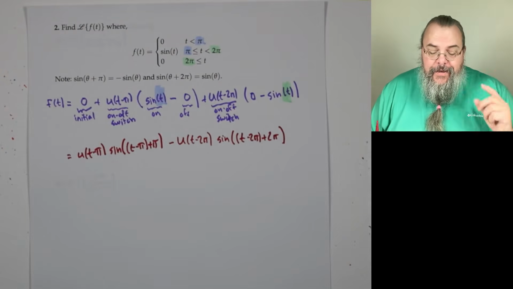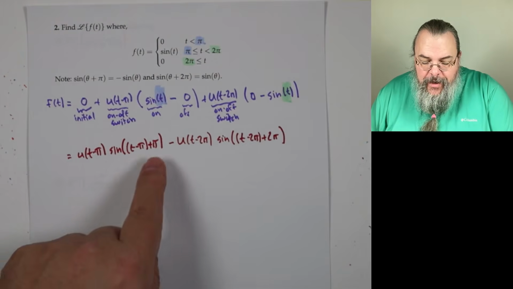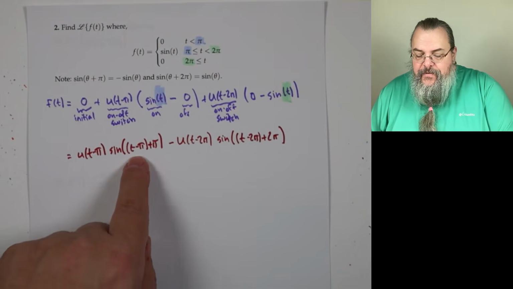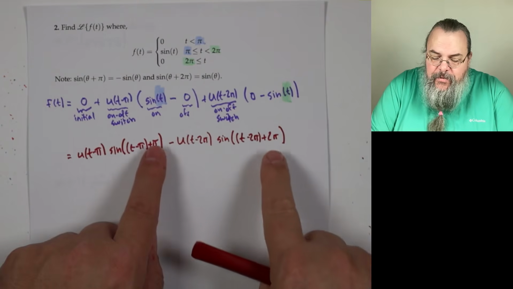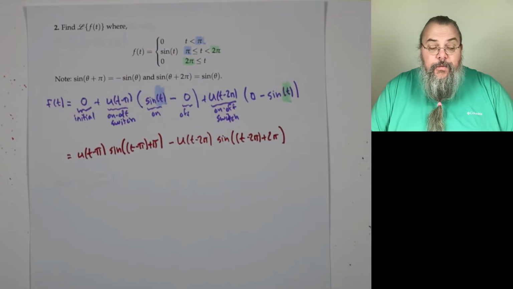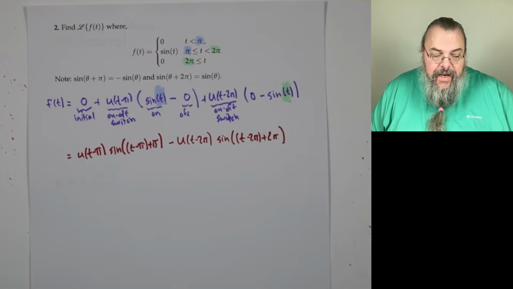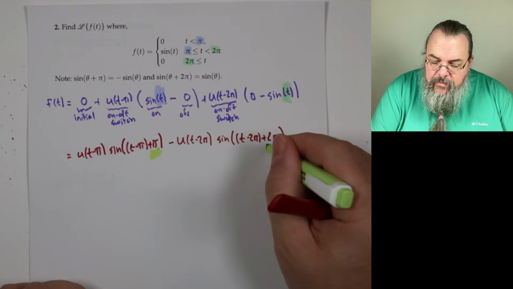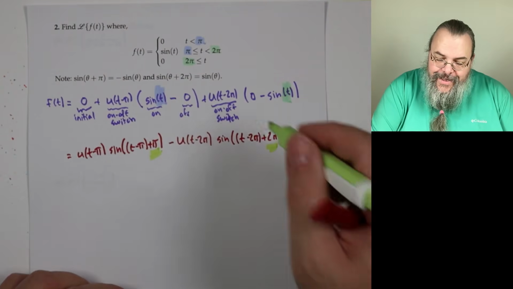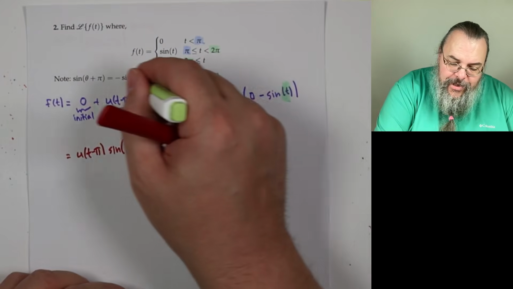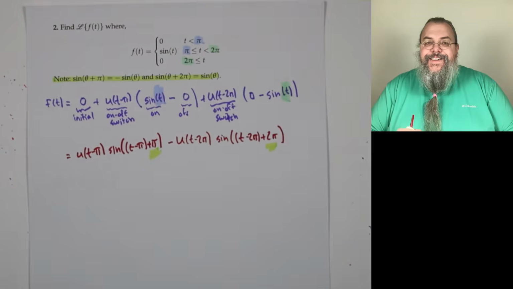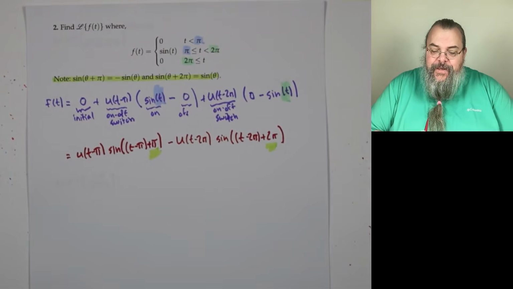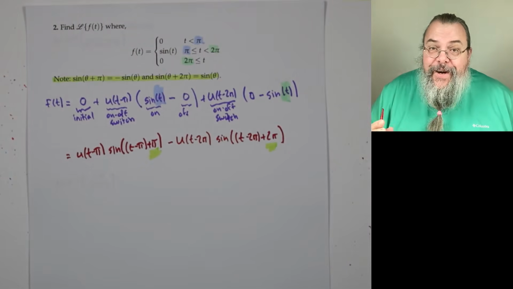I really want just sine of t minus pi and sine of t minus 2 pi. Is there anything we can do with these two pieces to make them go away? And then we say, oh, wait, we didn't really read this part yet. You should read everything because there's lots of good information everywhere.